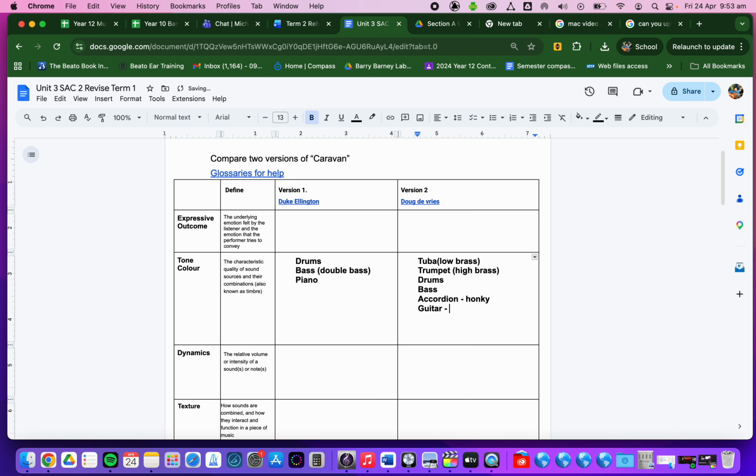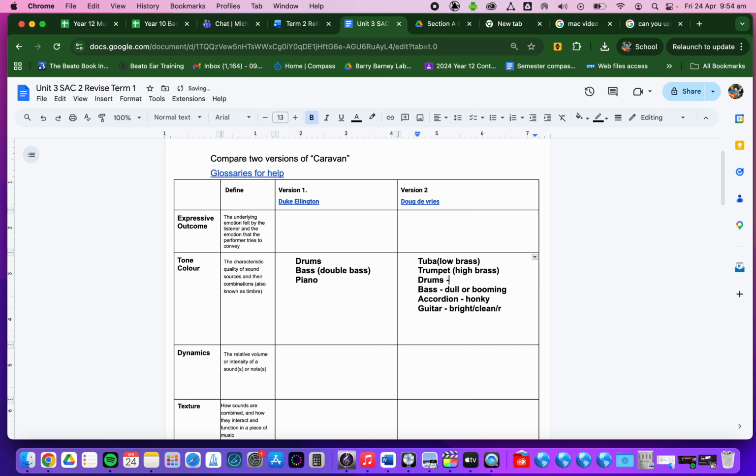The guitar was jazzy, so it's kind of got that. Guitars can be bright, or they can be clear. The clean or clear. Jazzy sort of guitars, they can be clean and bright. Bass is normally a bit more dull or booming, particularly double bass.